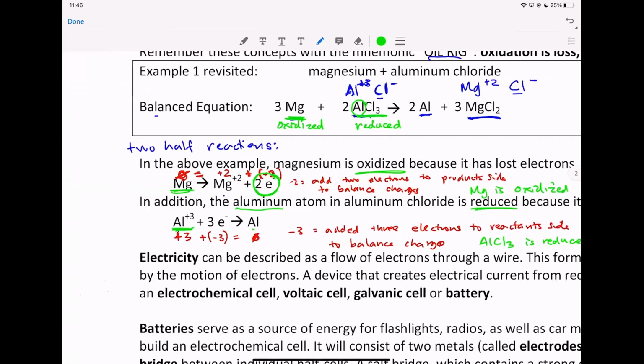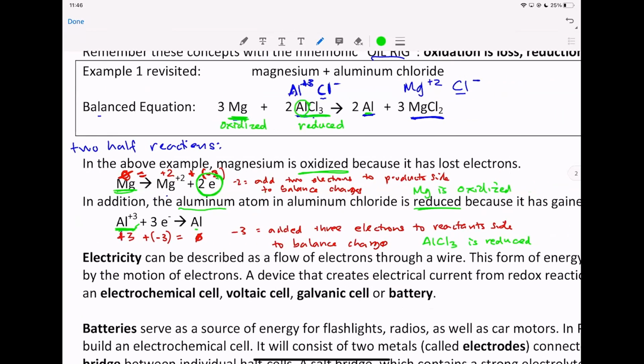Well, first of all, it's not aluminum because aluminum, Al, is on the product side. The things that are oxidized and reduced are always going to be on the reactant side, because remember, products are different. So you say that the entire compound is what is reduced, because the aluminum ion is part of the compound.